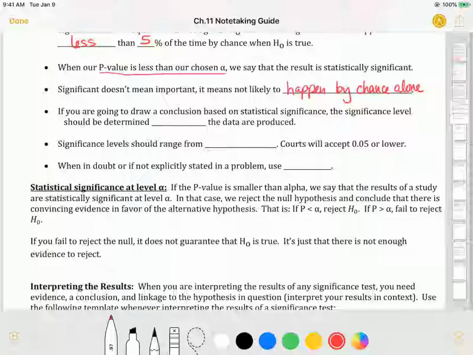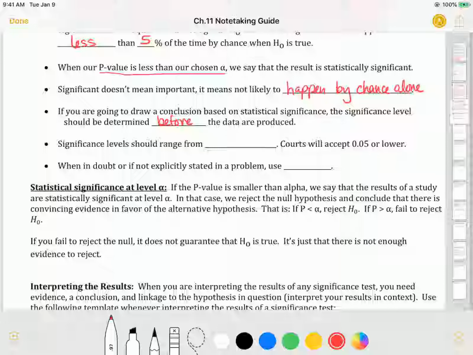Also, if you were going to draw conclusions based on statistical significance, the significance level should be determined before the data is produced. Just like we want to set up our hypotheses before we see the sample data or produce this sample data.